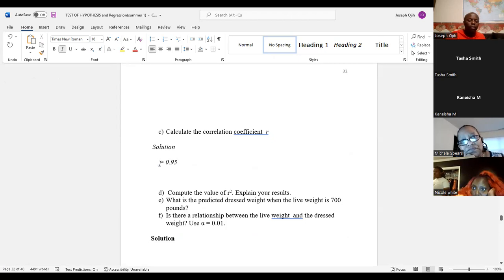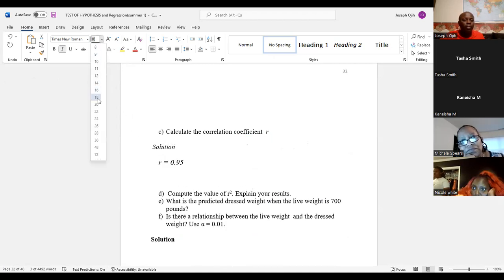Now this is small r, make it big R. Then what does it mean? It indicates a strong positive linear relationship between the dress weight and the live weight, which means that the bigger the live weight, the bigger the dress weight.